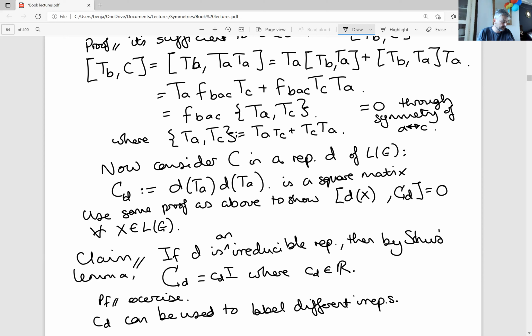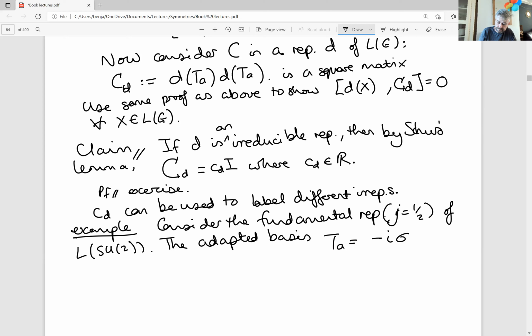So let's give an example. Consider the fundamental rep of SU(2), the Lie algebra of SU(2). So the adapted basis, remember, we write this in terms of the Pauli matrices, sigma_A, typically.